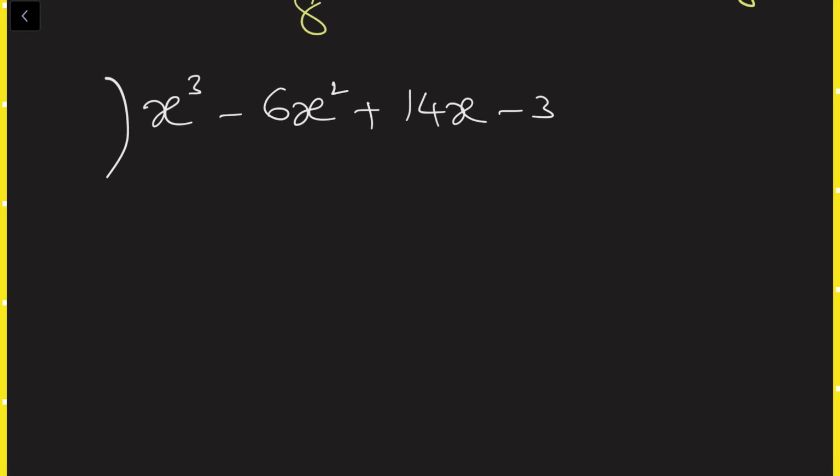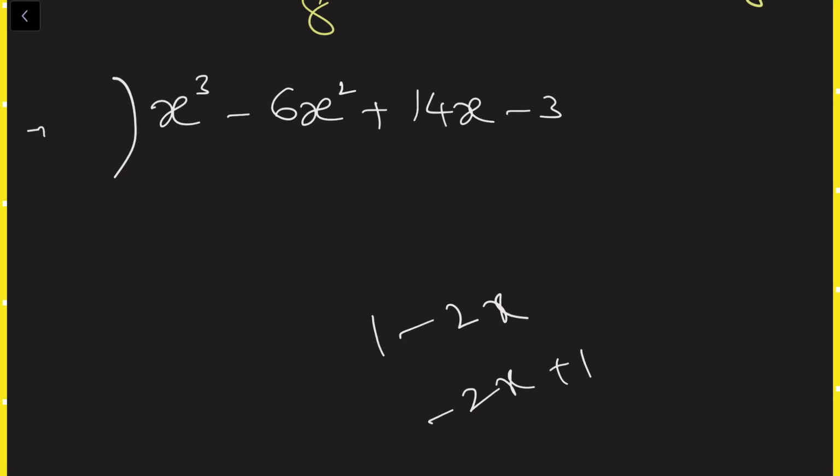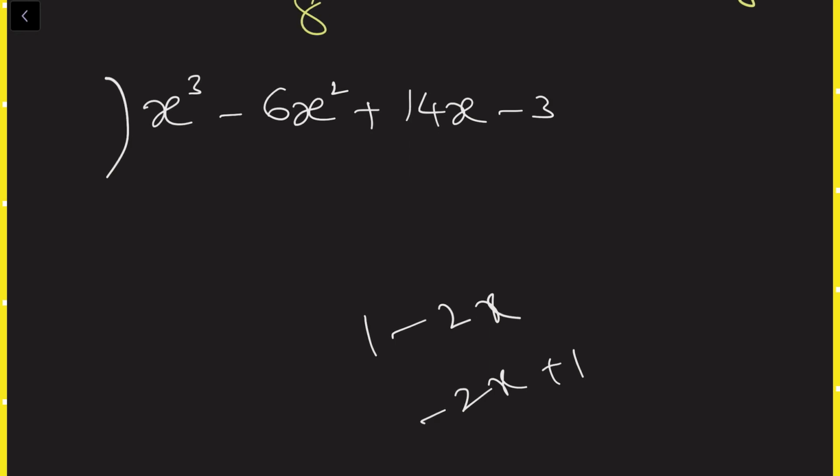So here 1 minus 2x, if we write it in order, is minus 2x plus 1. Let us check it out now.